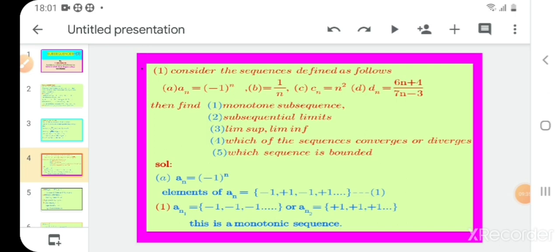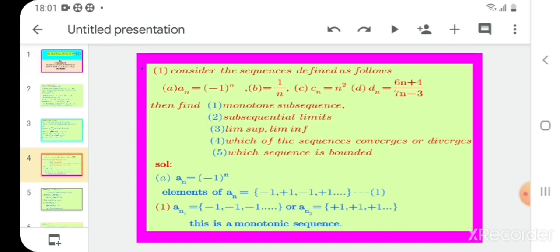Second, we have to find the subsequential limits of the given sequences, and the limit supremum and limit infimum. Fourth, which of the sequences converges or diverges. From these 4 sequences, which sequence is convergent and which is divergent. Fifth, which sequence is bounded. We have to find all these 5 points.